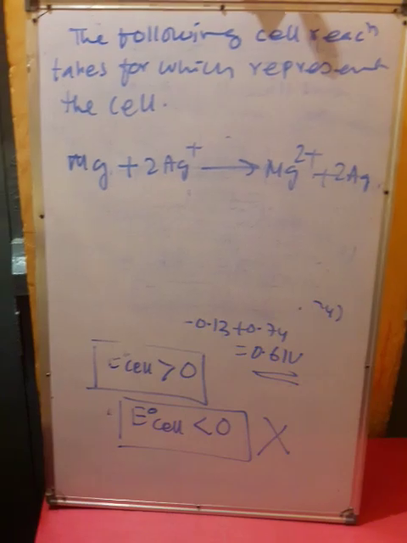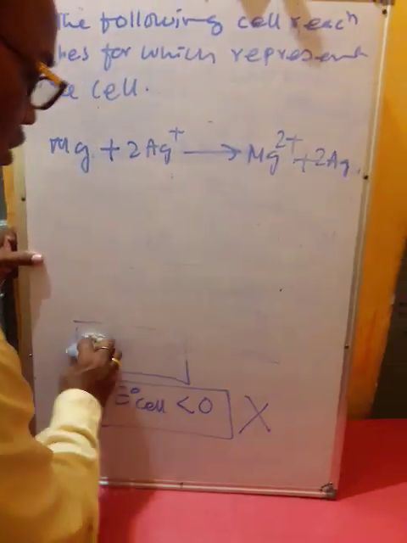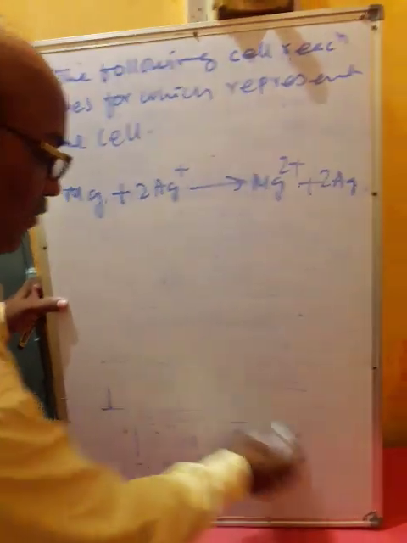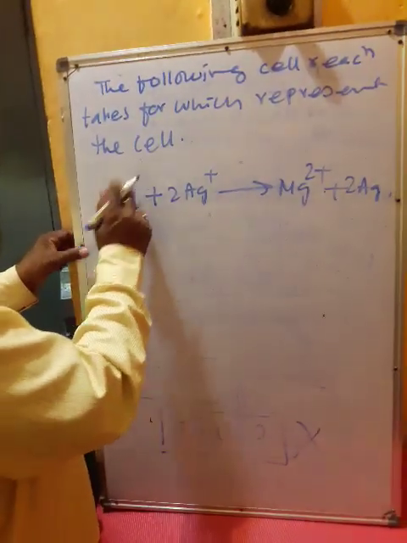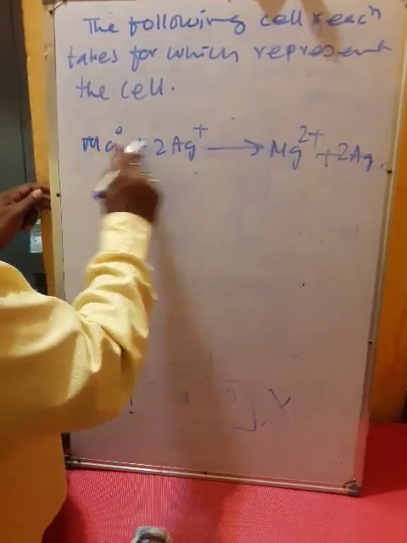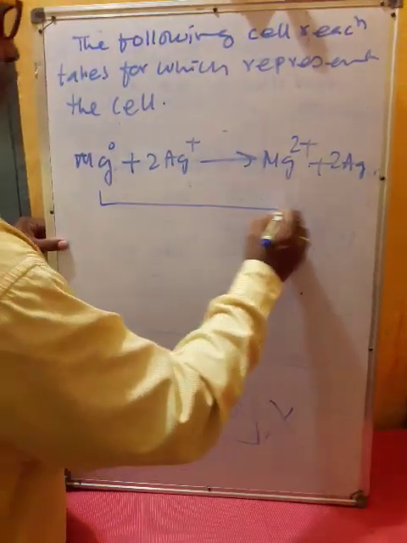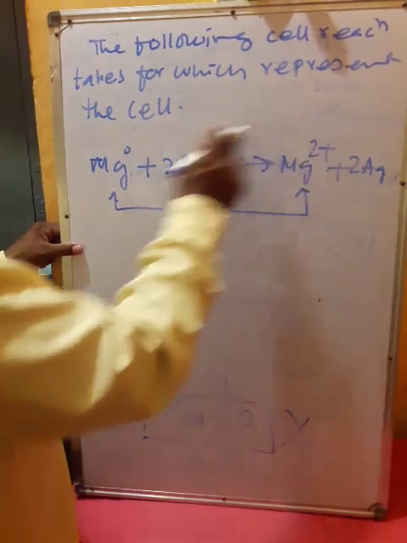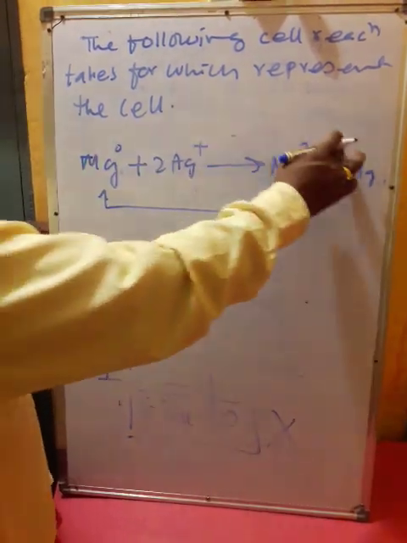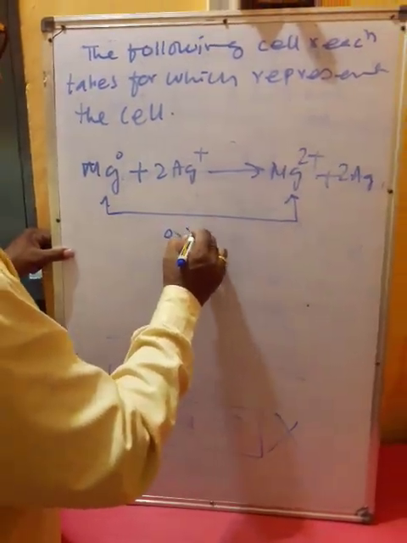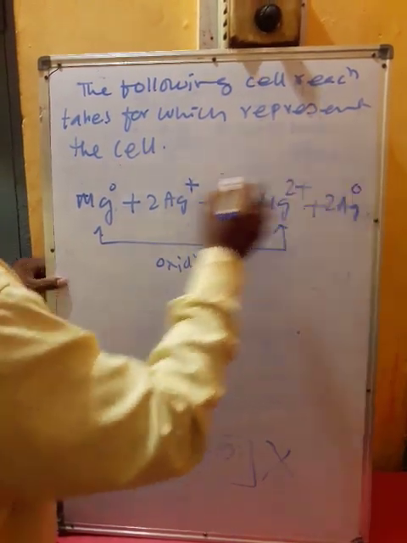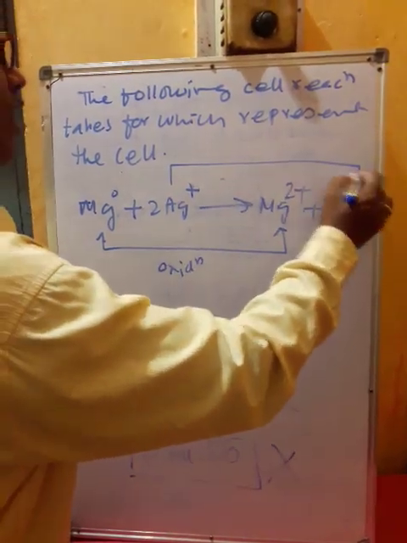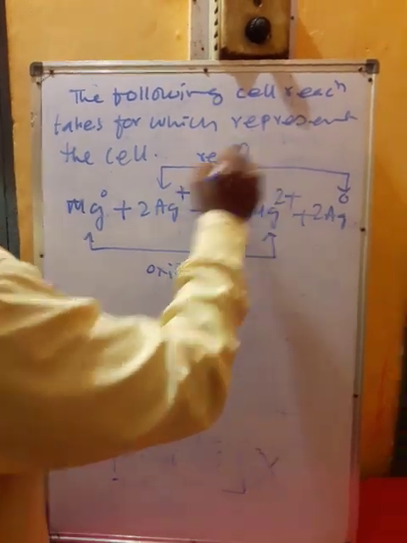If such a question is given, our first task is to see the oxidation half and reduction half equations occurring in the cell. Magnesium goes from the zero oxidation state to +2. An increase in oxidation number is oxidation. For silver, from +1 to 0, that is a decrease in oxidation number, which is reduction.